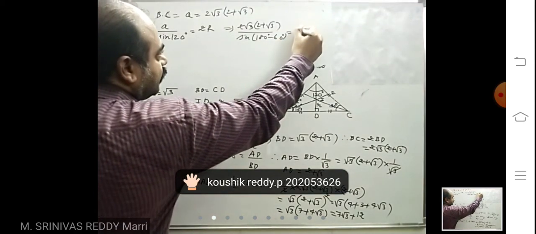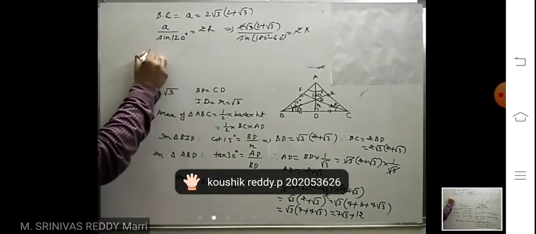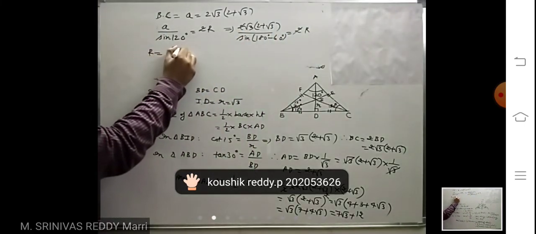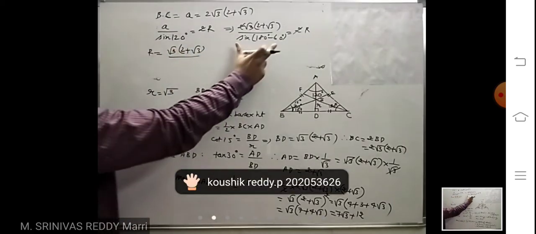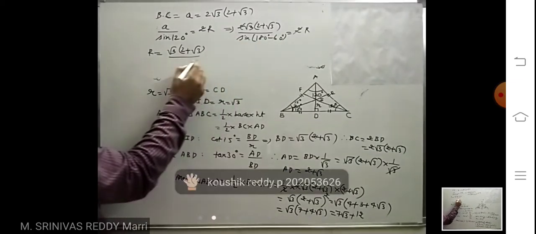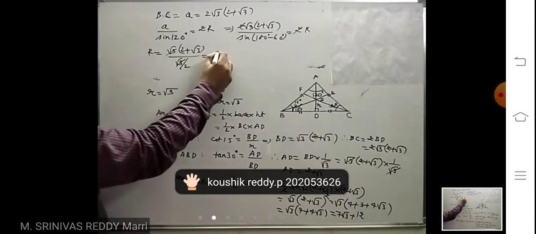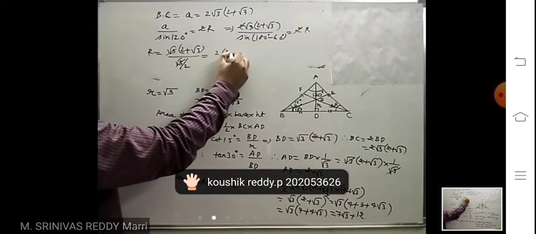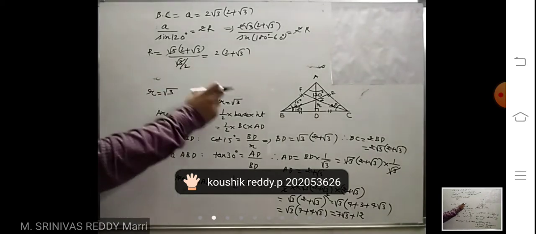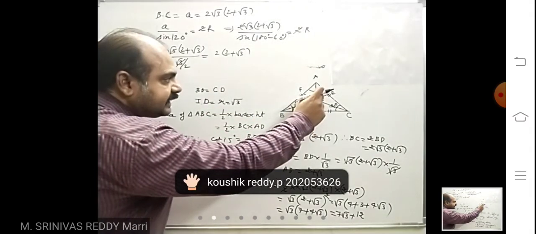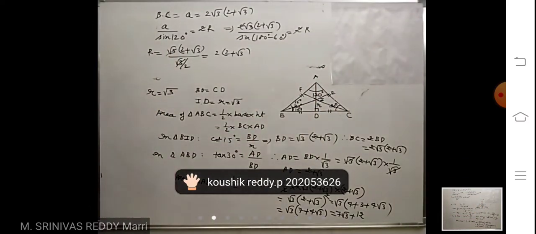This is 2r. So therefore this 2 and this 2 will get cancelled. Therefore r equals root 3 into 2 plus root 3 divided by, this is nothing but sine 60. Sine 60 is what? Root 3 by 2. Therefore root 3 will get cancelled. This is nothing but 2 into 2 plus root 3. Like that, whenever one side and opposite angle is known, if you apply sine rule, you will get the circumradius.